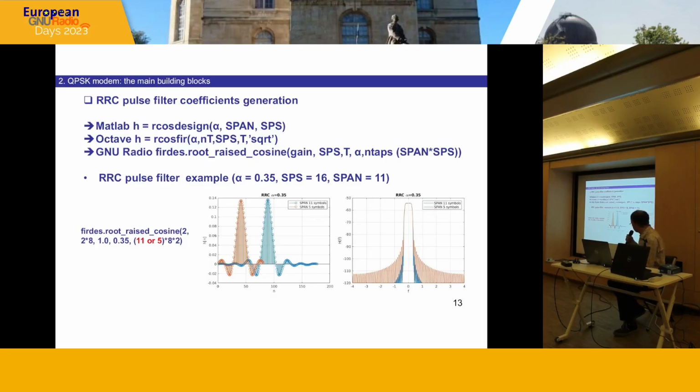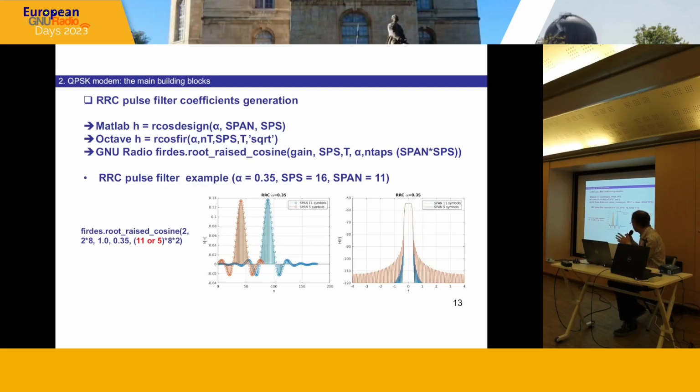What is shown here is simply the filter calculated by GNU Radio with the parameters shown here: alpha is 0.35, an SPS of 16, and a span of 11. You see on the right that the frequency occupancy is of course limited to your symbol rate. I'll come to this just afterward.